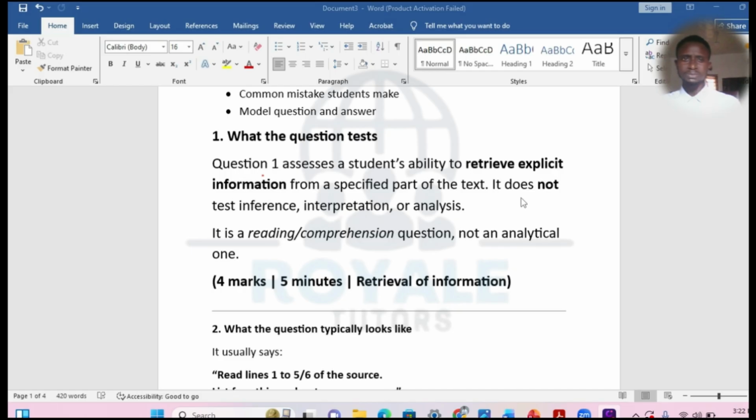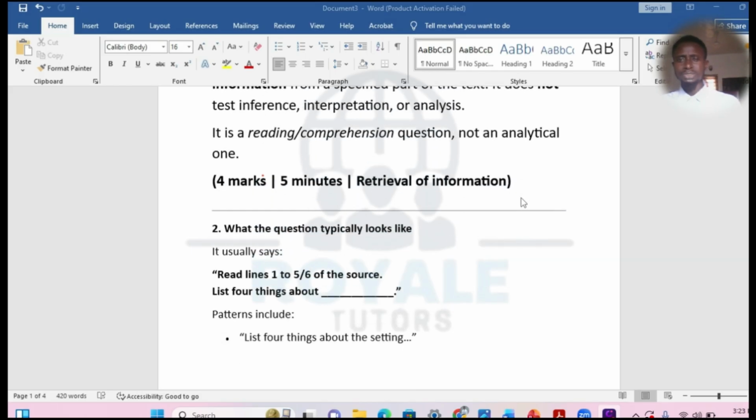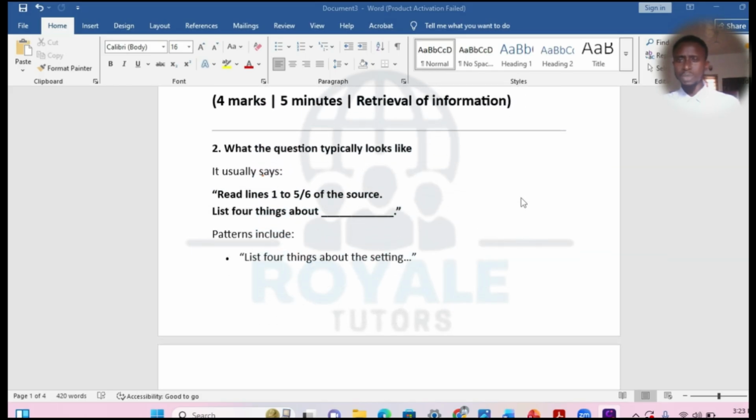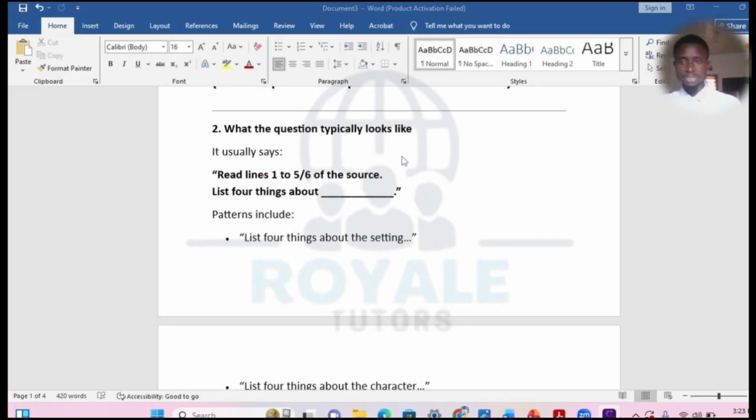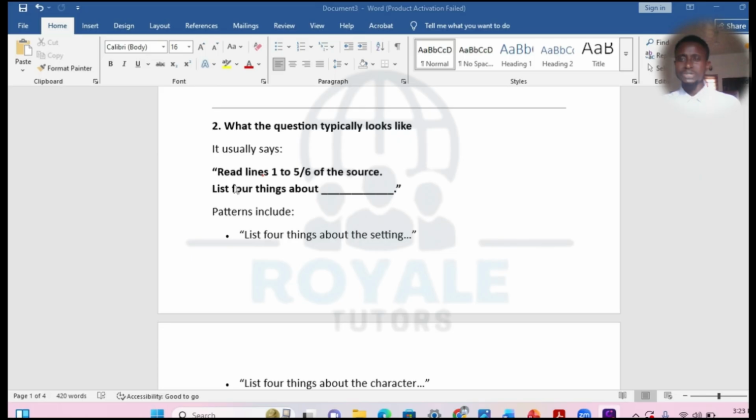Moving on, the next thing you need to know is what the question typically looks like. I know that I've shown you before, but now let's go deeper. It usually says, read lines 1 to 5, sometimes to 6, of the source and list 4 things about dash.